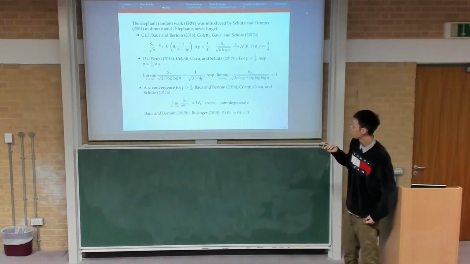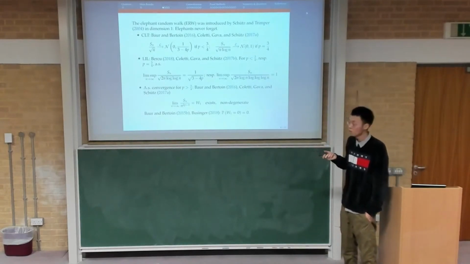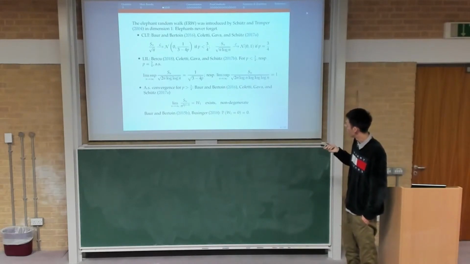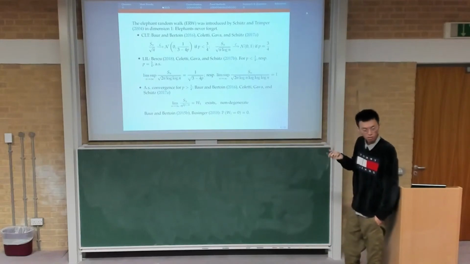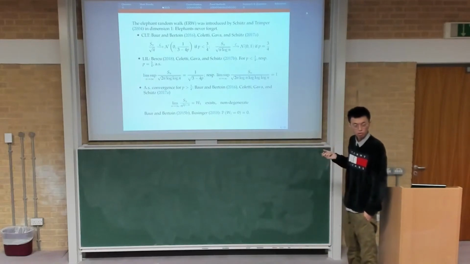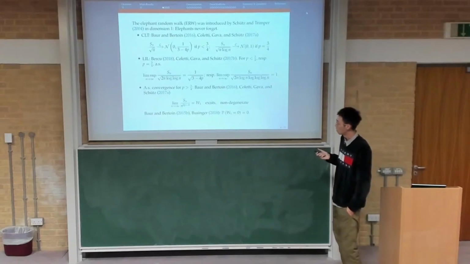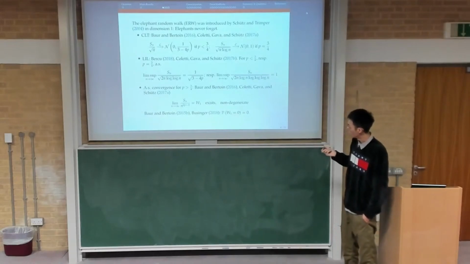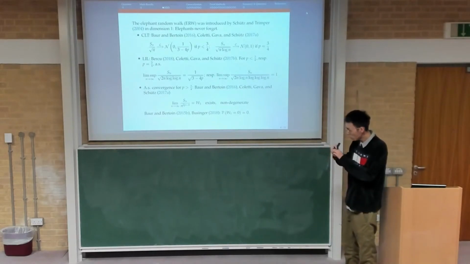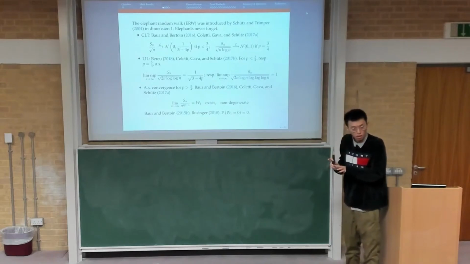But when p is greater than 3/4, this is called the supercritical regime. There is an almost sure convergence result. Sn divided by n to the 2p minus 1 converges to some non-degenerate random variable. And one can deduce from Bercu and Bertoin's work that this limit is actually almost surely non-zero.